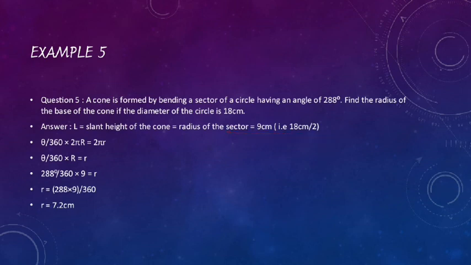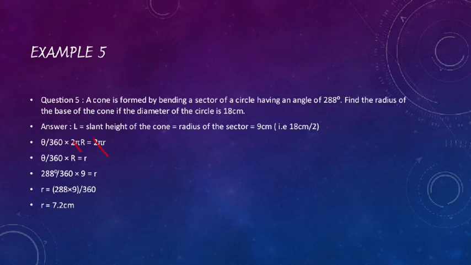Then the second step is the relationship between the arc length of the sector and the circumference of the base of a cone. Now it is theta over 360 times 2 pi R, which equals 2 pi r. Then use 2 pi to divide 2 pi, that is, this one cancels this one.